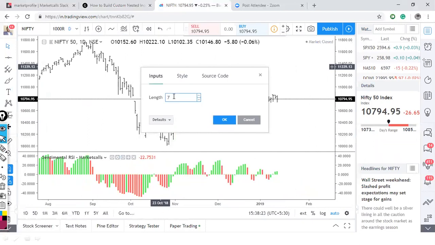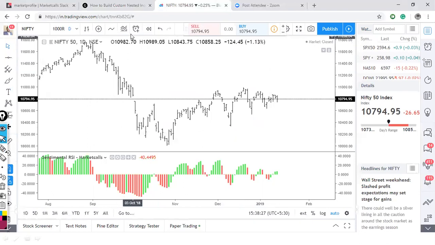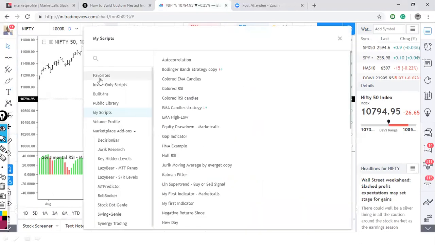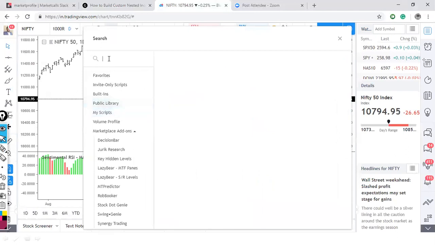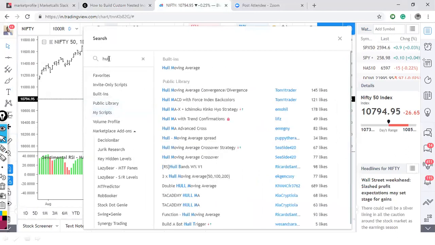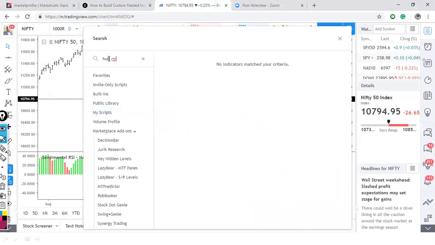Usually you'll be using a period length of 7. This Hull of RSI is available to everyone. You should be able to go to the public library and search for Hull RSI.